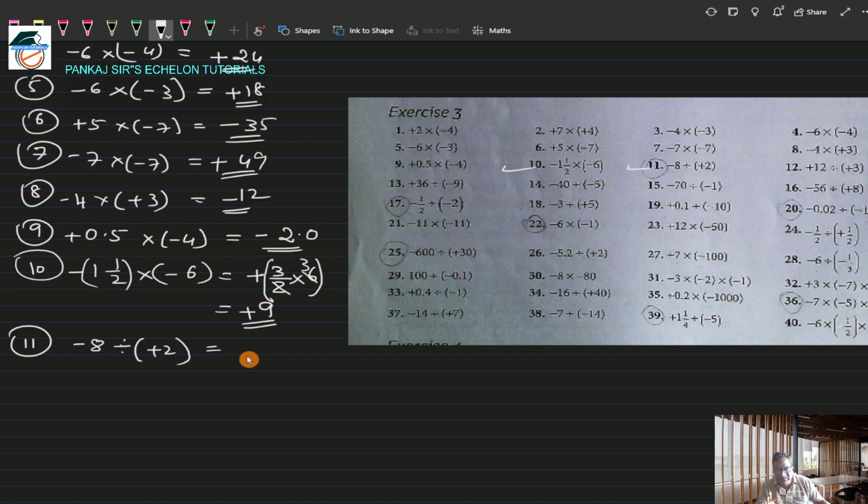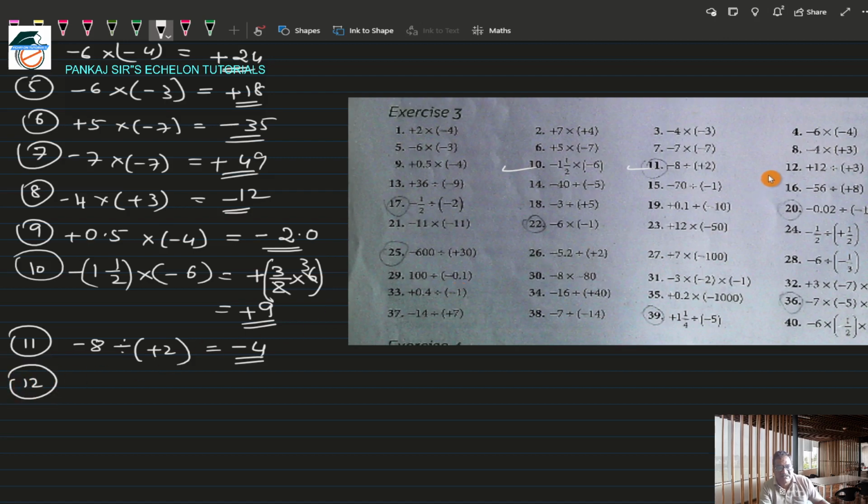If you multiply two opposite signs, you know, the answer will be always negative. Same way, if you divide two opposite signs, the answer will be always negative. So minus 8 and plus, minus upon plus will be minus. And 8 upon 2 will be 4. So the answer has to be minus 4 for the 11th one. Okay. So question number 11's answer is minus 4 and that's correct.